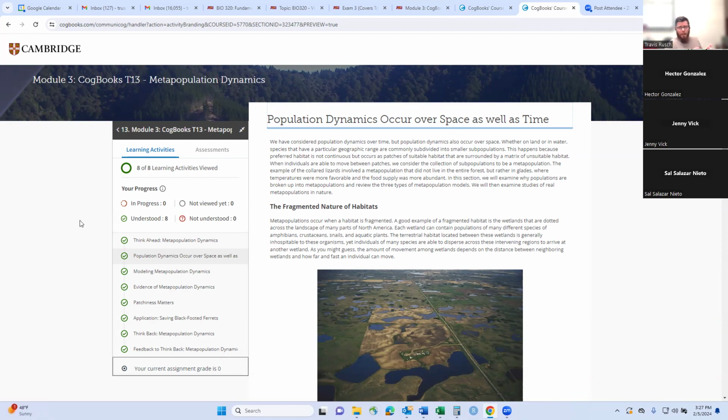Often these patches are sometimes connected through corridors, sometimes they're not. And sometimes that matrix, they talk about in a little more detail here. The matrix is the piece of land in between. So essentially it's the corridor, or it doesn't have to be the corridor, I should say. A corridor is more of a man-made or natural structure, something like the example where bridges go over the highway.